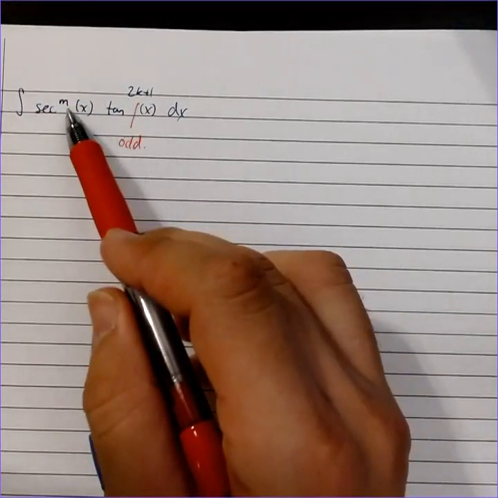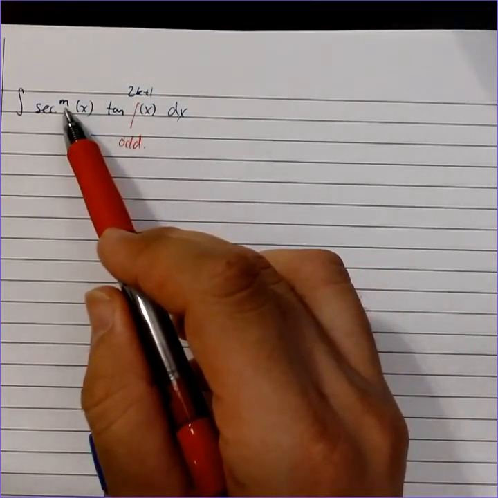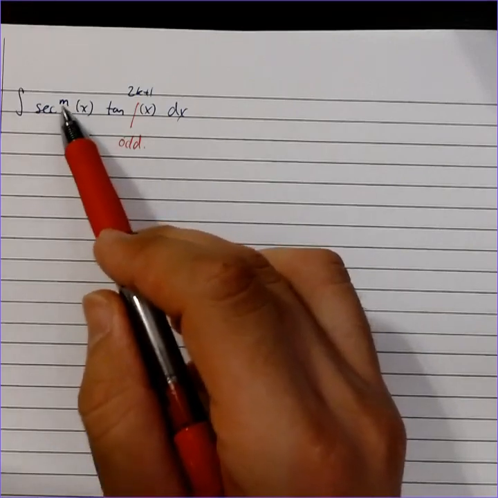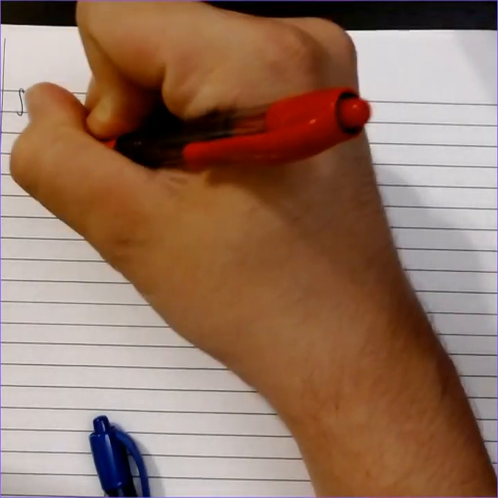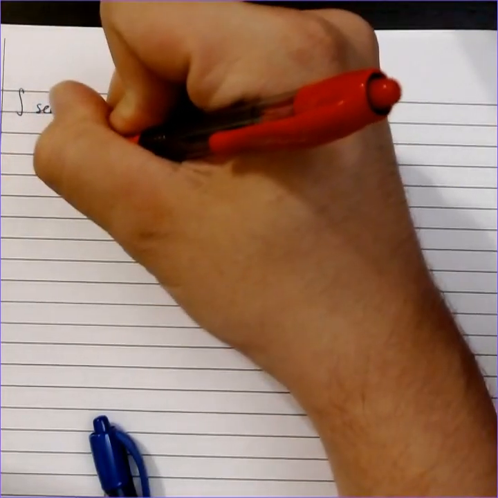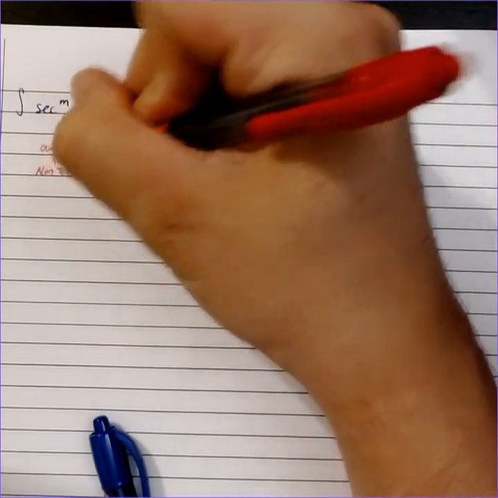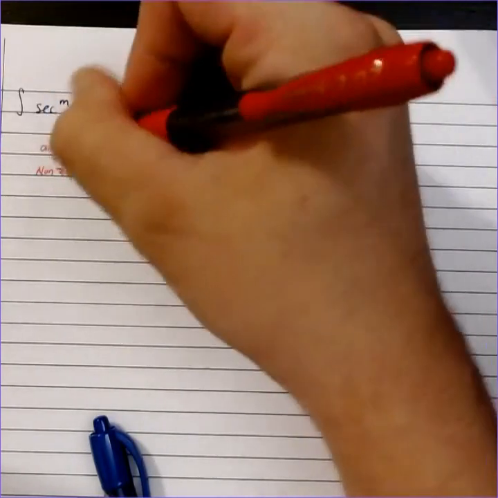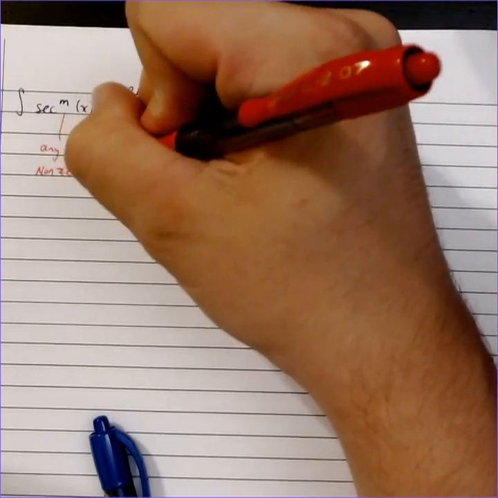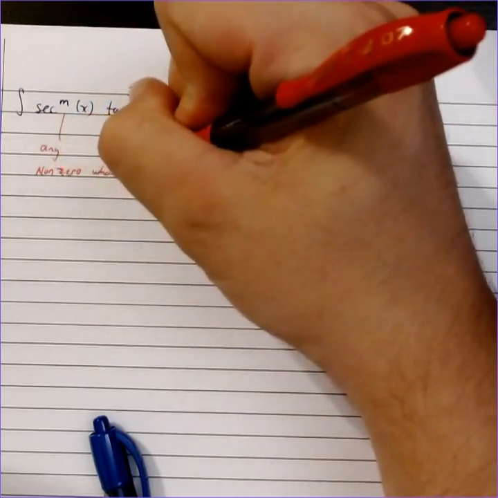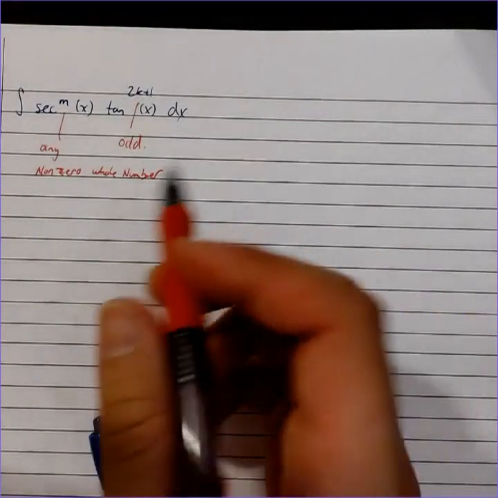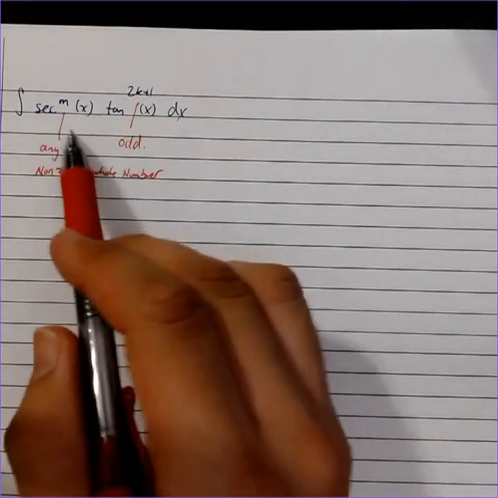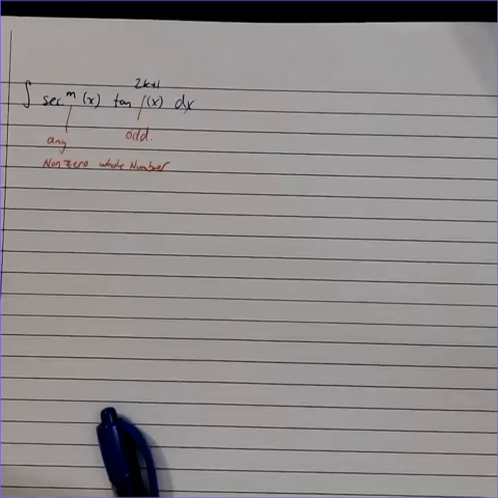So here, this can be any power except for 0. Power 1, 2, 3, 4, 5. Just not 0. So here, this is any non-zero whole number. Oh, I guess I could say any counting number, right? Any natural number. 1, 2, 3, 4, 5, and so forth.